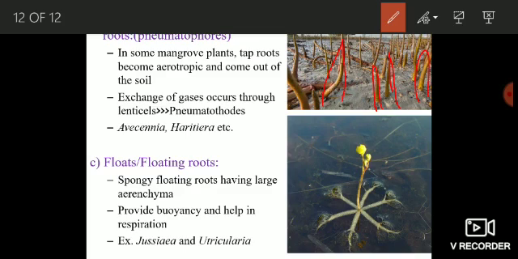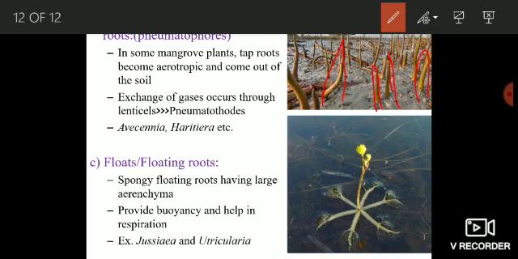Remember, in some mangrove plants, those plants which grow in saline marshes, the tap roots come out of the soil and are aerotropic, and these roots having a peg-like appearance help in the exchange of gases through lenticels.